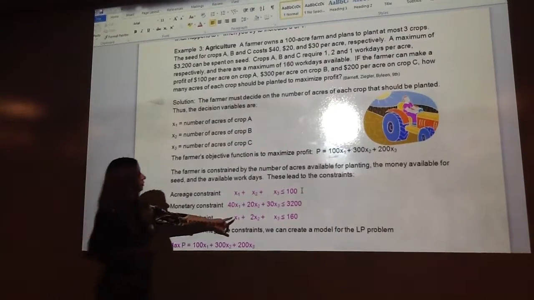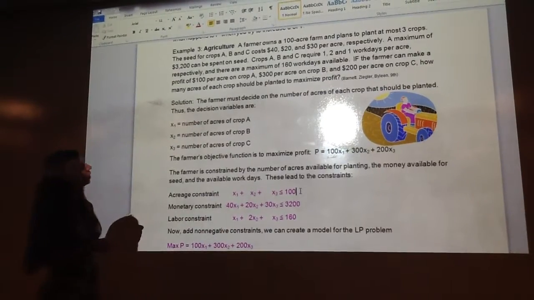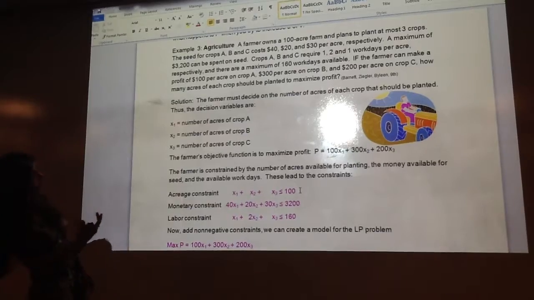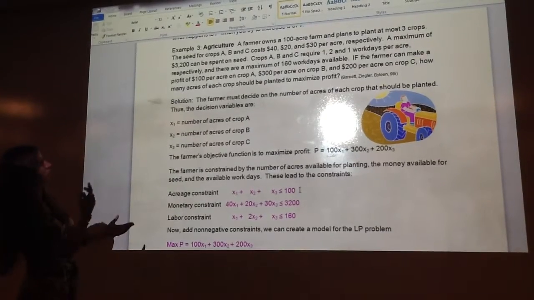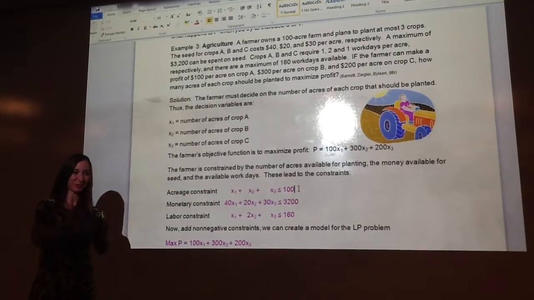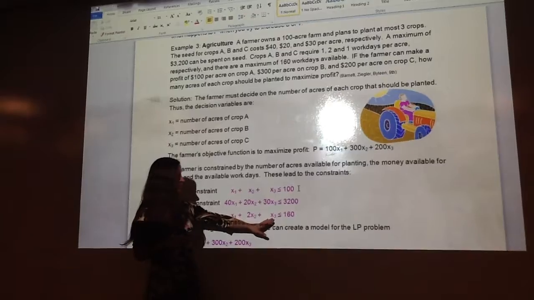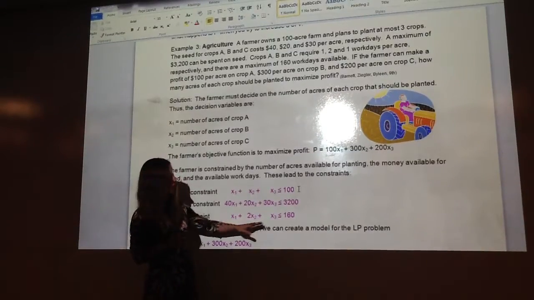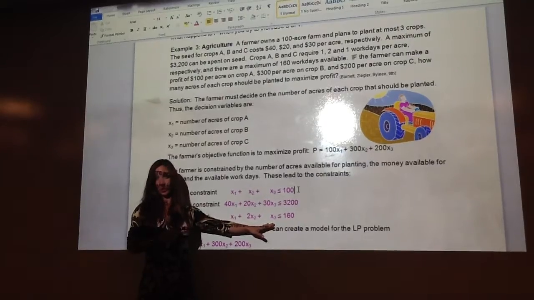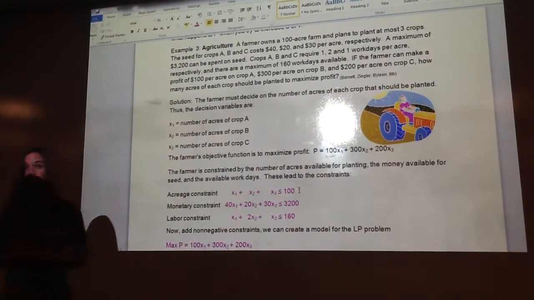So we have that it takes one work day to do all those things, right? To till, to plant, to treat, to harvest. The beans take 2 work days and the corn takes 1 work day. So the total work days needed to grow and harvest all these crops has to be less than or equal to the available work days.